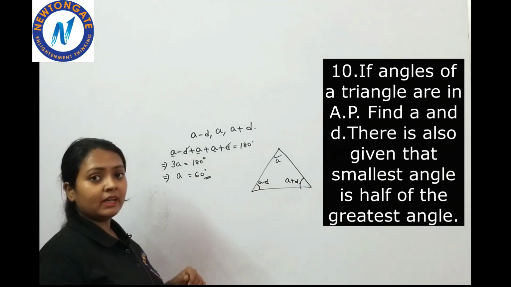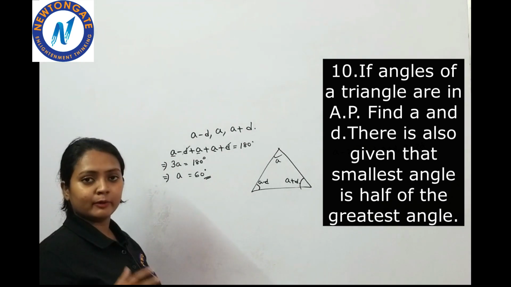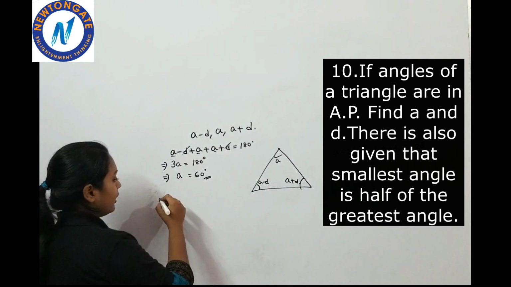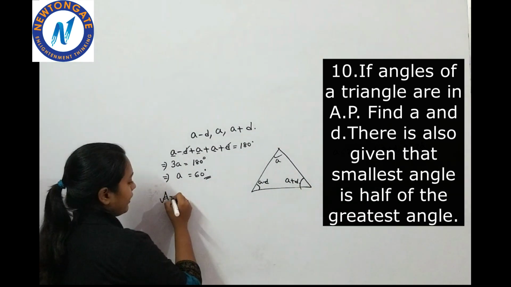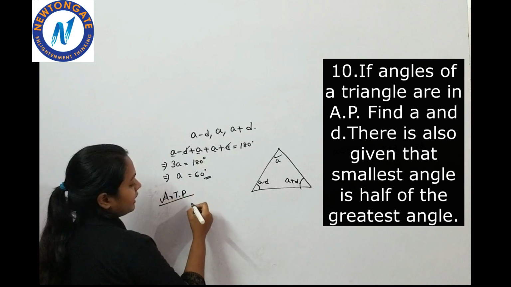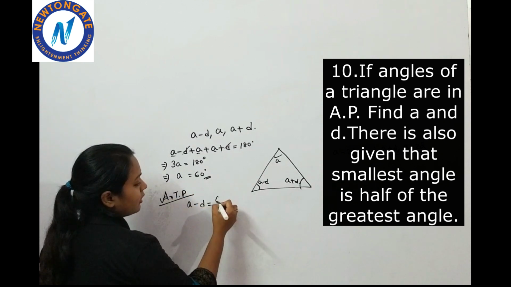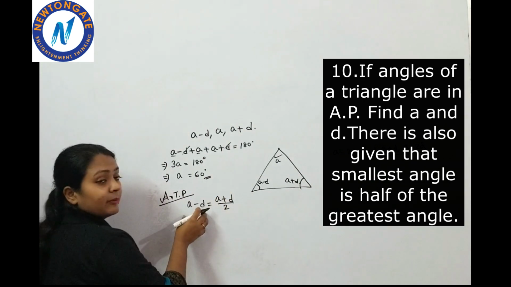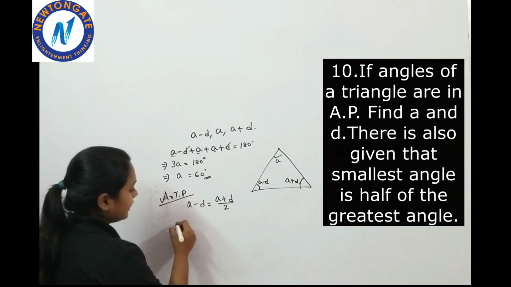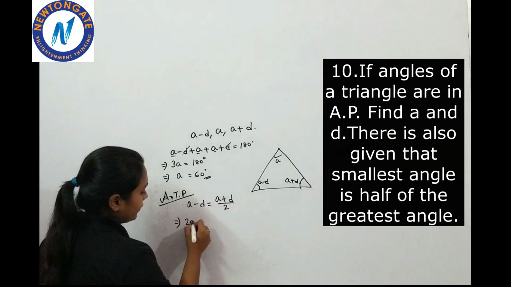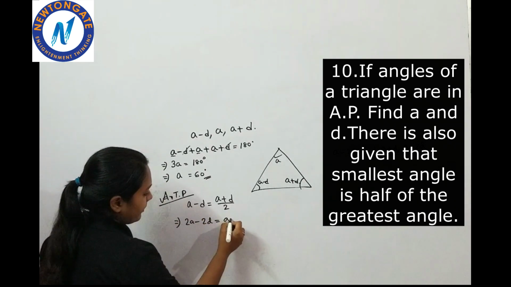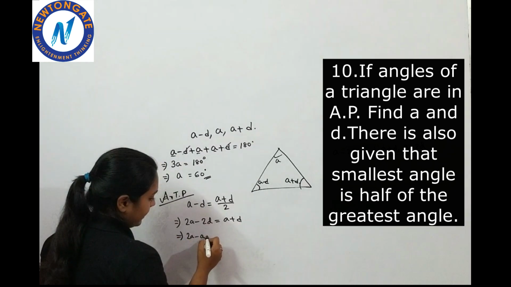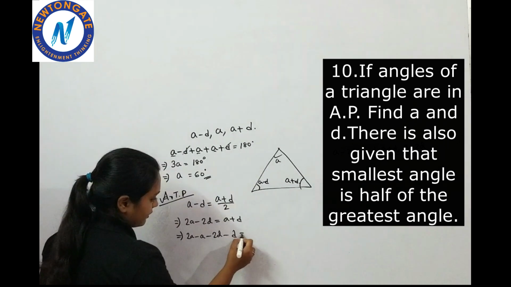Here, we see that the least one is half of the greatest, right? Then, we will write according to the problem or the condition. According to the problem, we write A minus D equals (A plus D) by 2. A plus D is the greatest and A minus D is the least, right? Then we will get 2A minus 2D equals A plus D. And here we will see that 2A minus A minus 2D minus D equals 0.